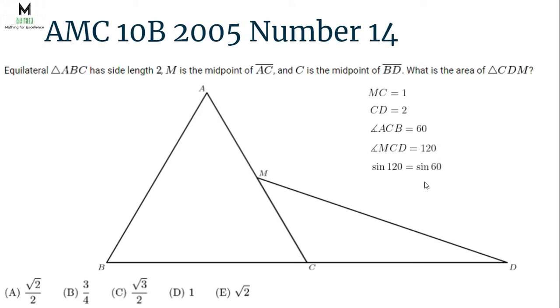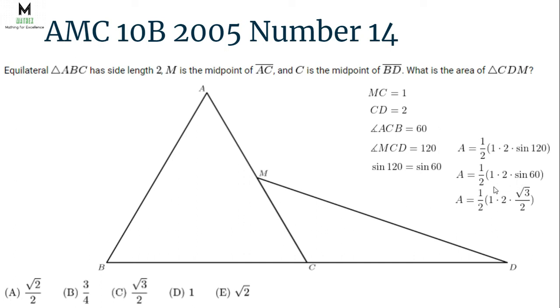Now we know the value of sine 60, so we can just write an equation and compute it. So plugging in all the values we know, MC is 1, CD is 2, and we have a sine 120, which we can substitute with a sine 60. And as we know from the previous chart, sine 60 is equal to root 3 over 2.